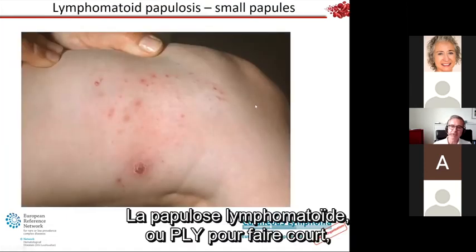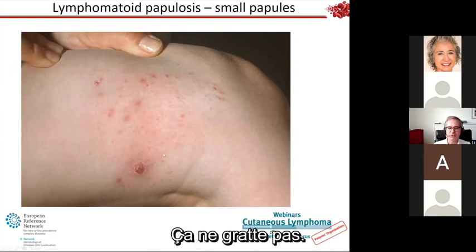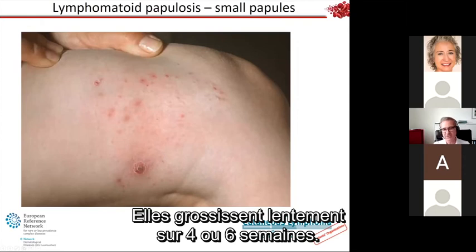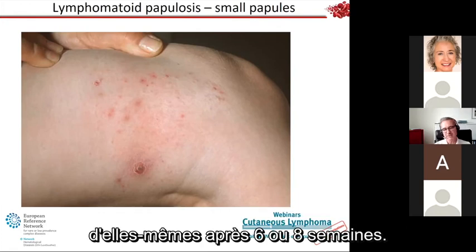Lymphomatoid papulosis, or LYP as we'll abbreviate it, often starts with small papules that look very innocuous. They are not itchy, they just grow slowly over a period of 4 to 6 weeks. And interestingly, they start waning and regress spontaneously after 6 to 8 weeks.